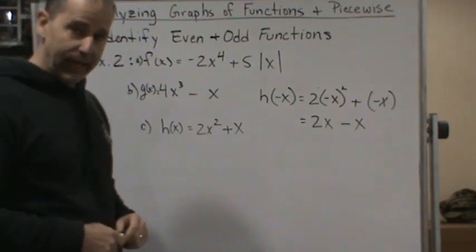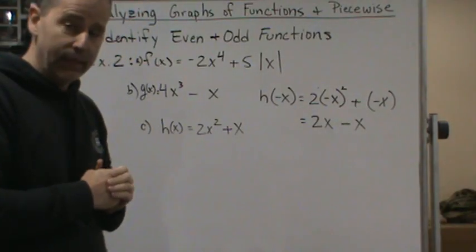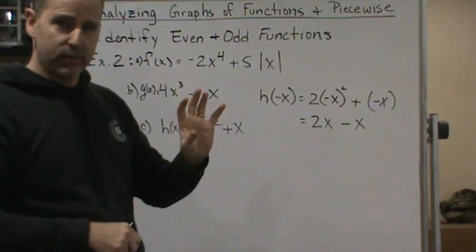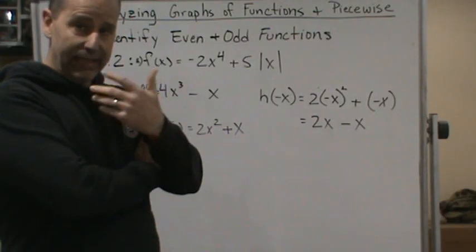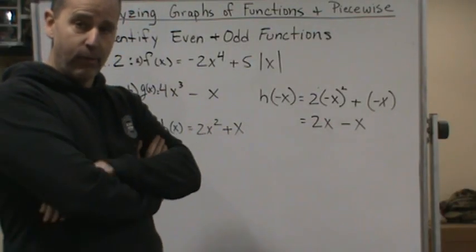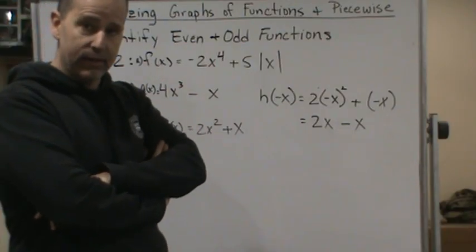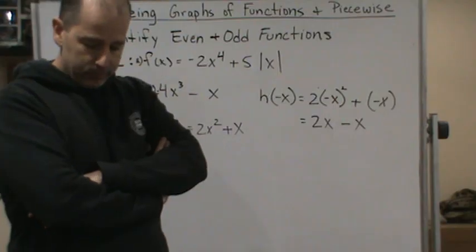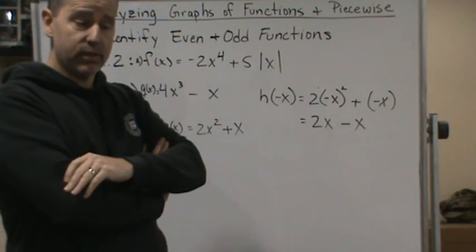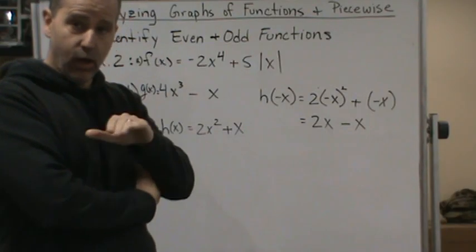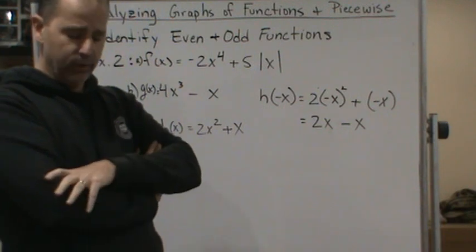So one thing to look at, if you want to put absolute values off to the side for a moment, is the exponents of the function. If you have a polynomial function and all of the exponents on the variables are even, in other words all the terms have even degree, well, if you don't understand that, that's fine.